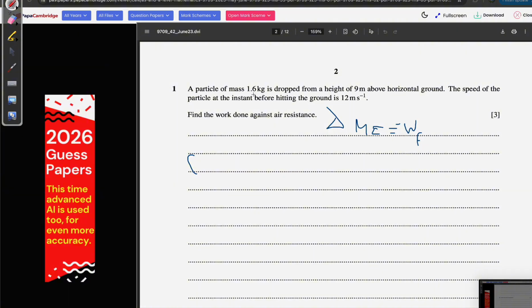MGH, so 1.6 times g, g is always 10, so 16 times 9 minus the final, which is only kinetic, since it's the instant before hitting the ground, which is basically at the ground, so gravitational potential energy is equal to 0.